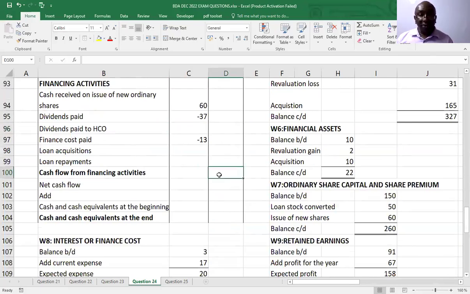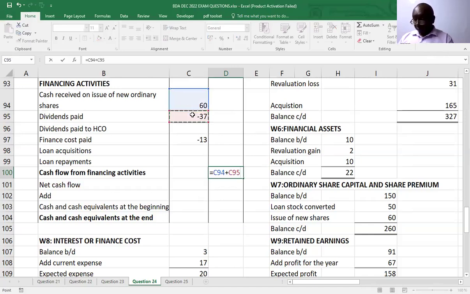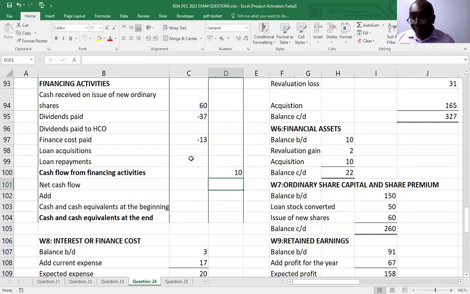So tukuja hapa tuseme this is equals to this plus this plus this plus this plus this plus this. Hakuna plus ingine, ni hiyo 10. Net cash flow.